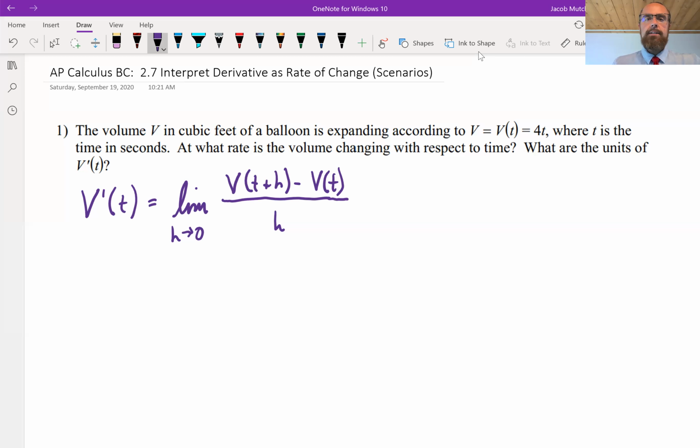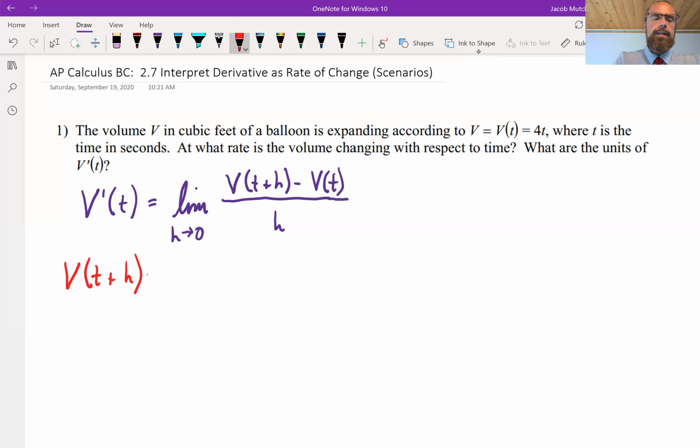Well, let's apply that to this specific situation involving the volume of a balloon as it's expanding. To get our pieces in place, let's first define the two parts in the numerator of the difference quotient.